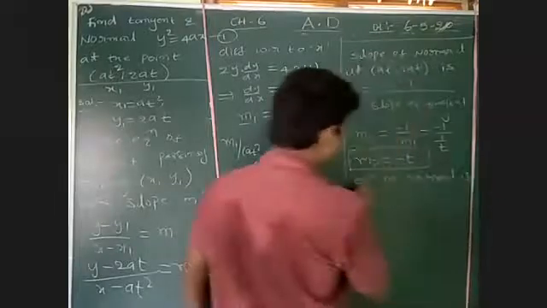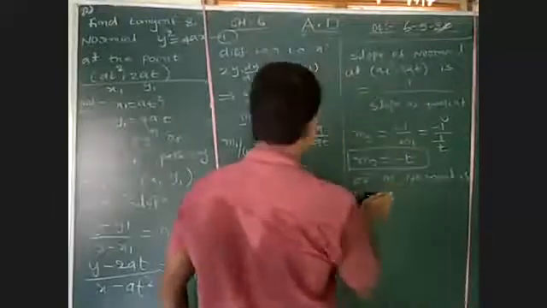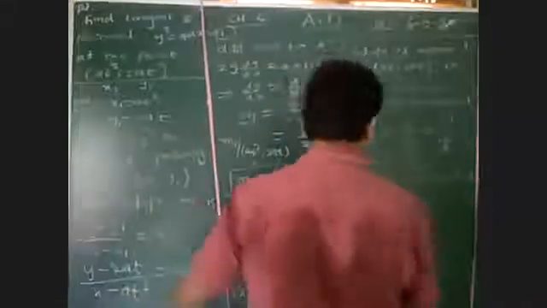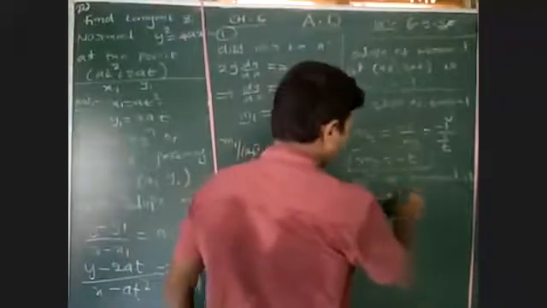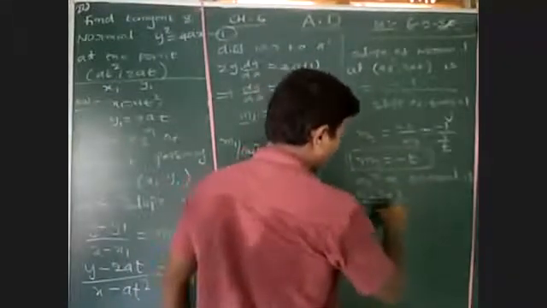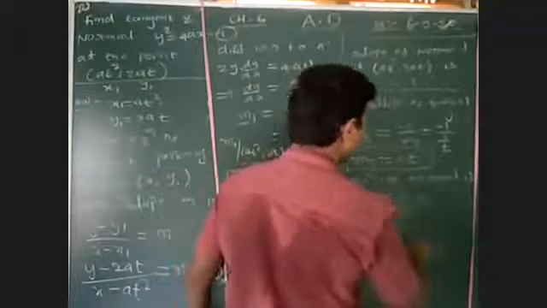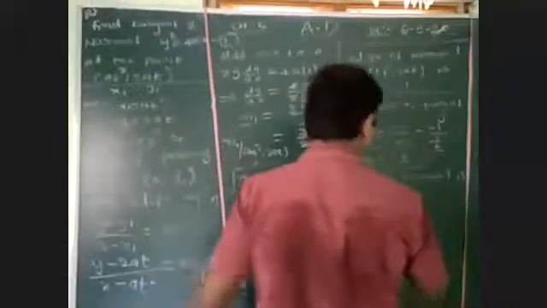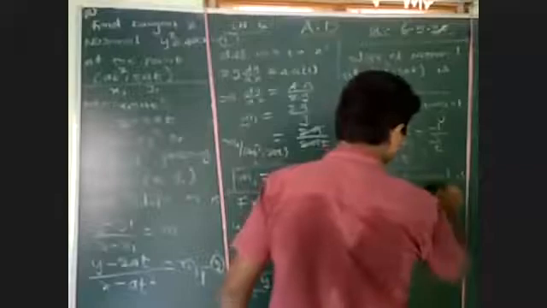The equation of normal is y minus y1, same formula, y minus 2at by x minus x1, at square, is equal to the slope m2 value, which is minus t.